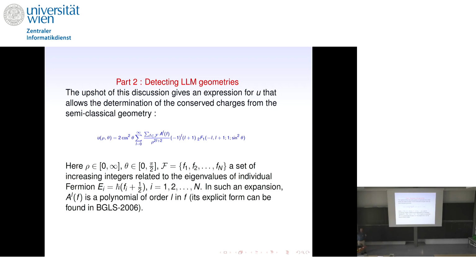You have a Young diagram, you have a representation of U(n), you have a Casimir, and the Casimirs of the representation are related. The representation is a fermion state, and the fermion state is an LLM geometry. So the LLM geometry knows about that sequence of Casimirs. And the more coefficients of powers of rho you know, the more Casimirs you know.